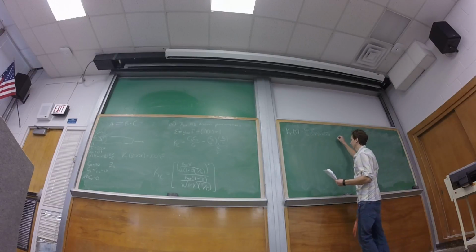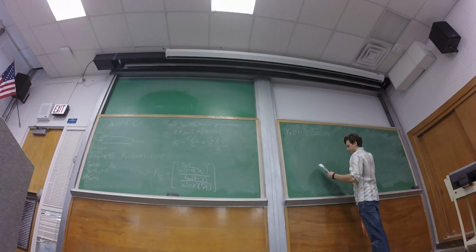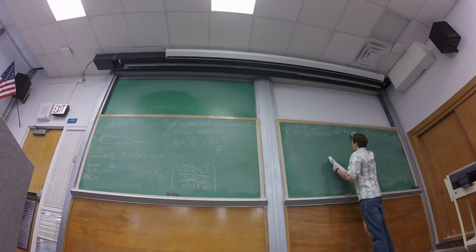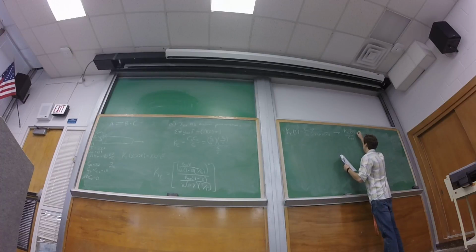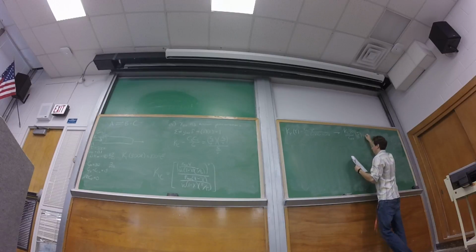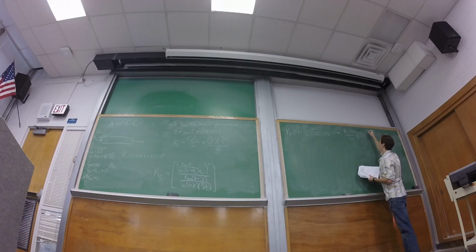So you can rearrange this finally to your Kc of T divided by your CA0 times the temperature change is equal to X squared over 1 minus X squared.